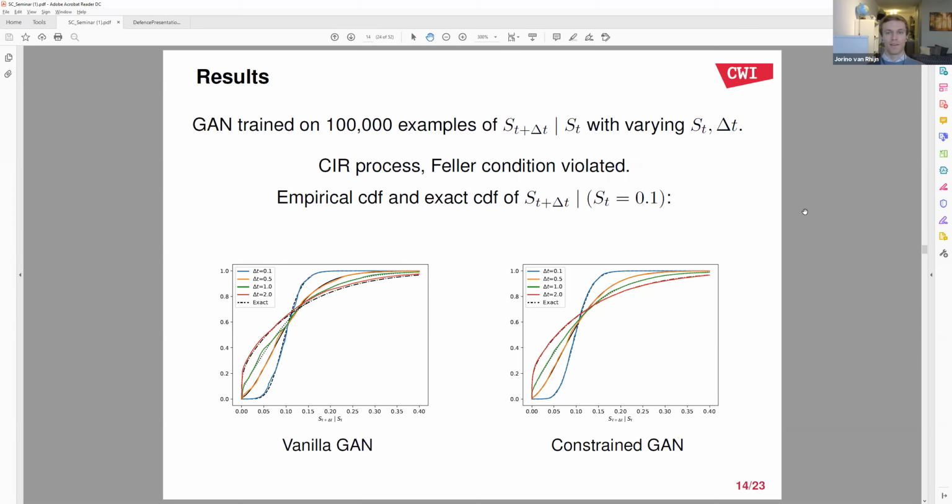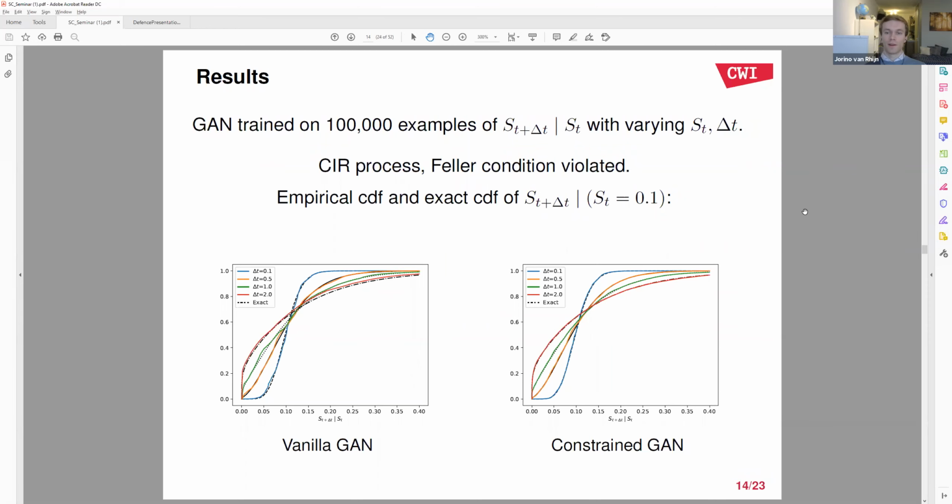And this is a result if the Feller condition was violated. So if that delta parameter that I showed was the most difficult case, you see that in the red line, it gives this sudden dip to 0. So that's that near singularity around 0 that you see. But we can see now with the naked eye that the vanilla GAN provides a less accurate approximation than the constrained GAN.